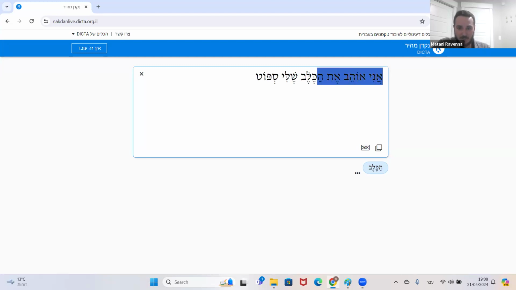As I read out the sentence, ani ohev et hakelev sheli, and if you remember possessive pronouns, sheli means mine, and here it just says Spot in transliterated English. Again, it makes it specific. So when we're talking about something specific, a determined something, we add et ha. Remember, that is there to signal a specific something, in comparison to just, for example, dogs versus my dog.